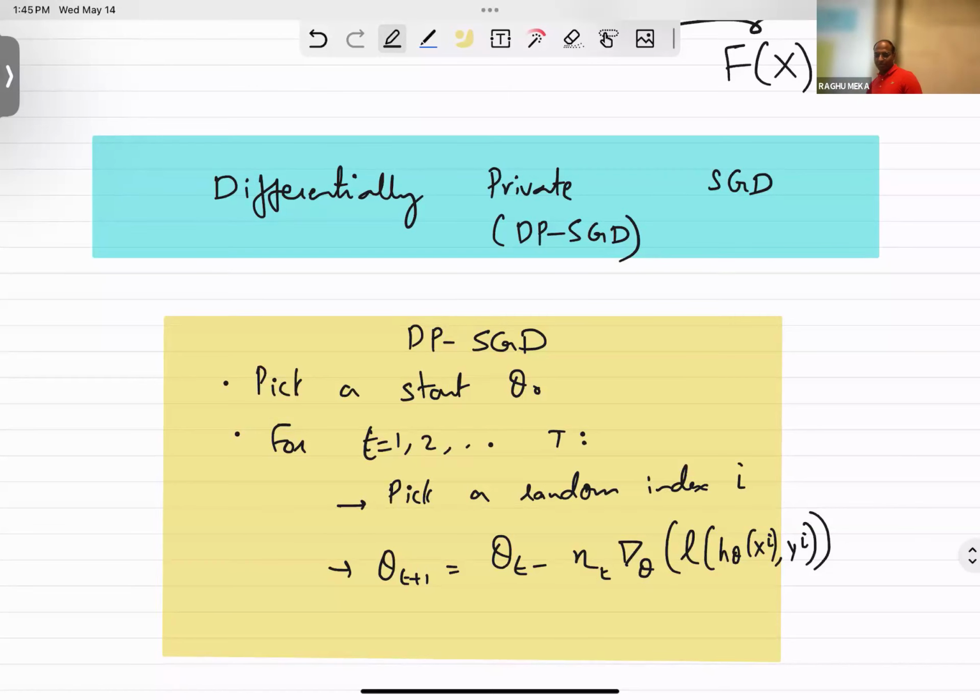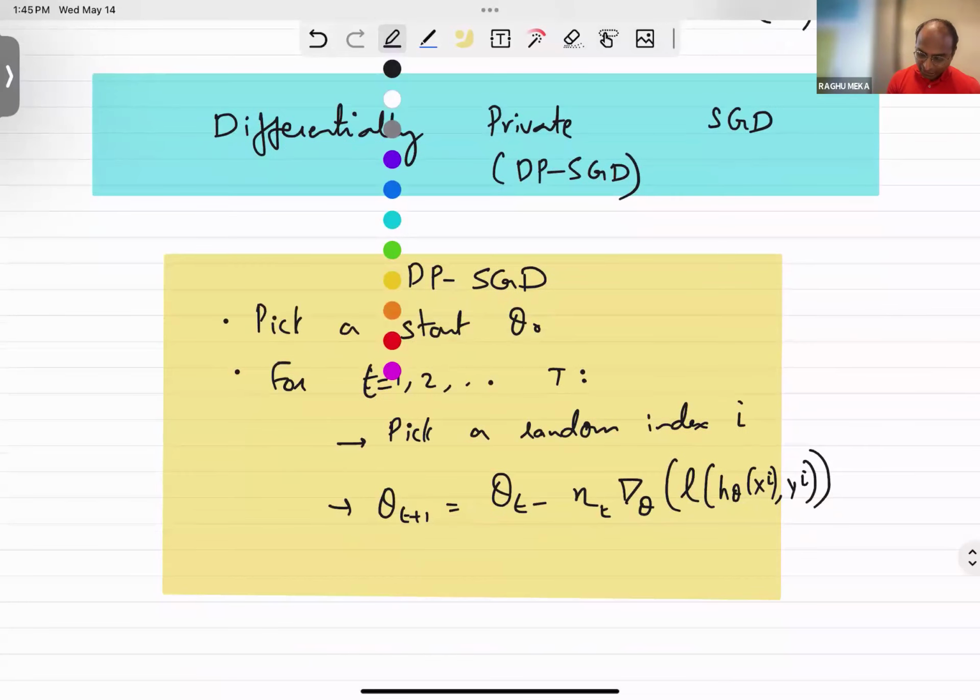This is plain stochastic gradient descent. And in DPSGD, you just add Gaussian noise to it.